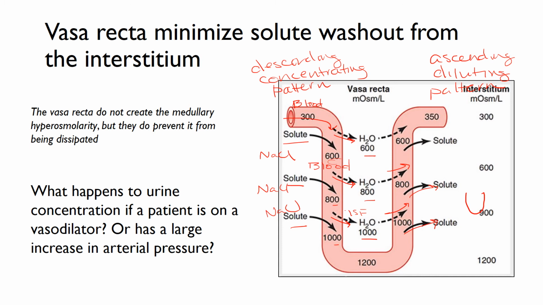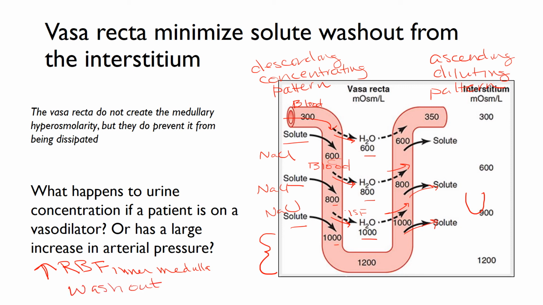Well, certain vasodilators can increase renal blood flow. An increase in renal blood flow, particularly as it's going through the inner medulla, so essentially the bottom portion of this vasa recta, does what we call a washout.